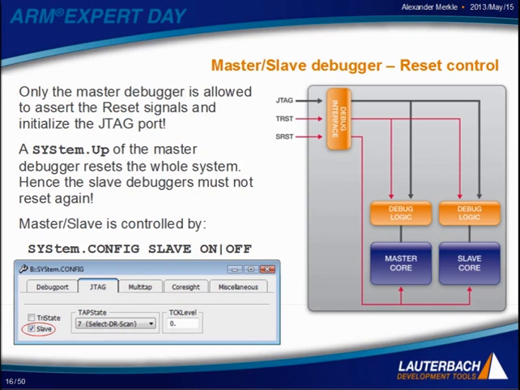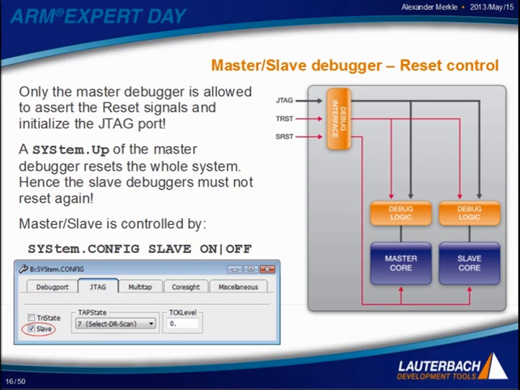So you might imagine you start debugging your first core. Previously to this, you reset your system. After that, you connect to your slave system. What will happen if you reset again? You connect to this one, we reset again, we reset the master core again, and we reset the whole system.